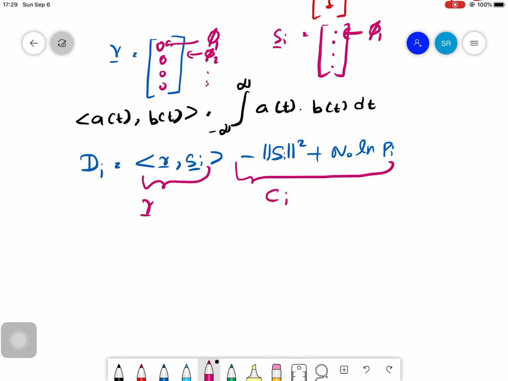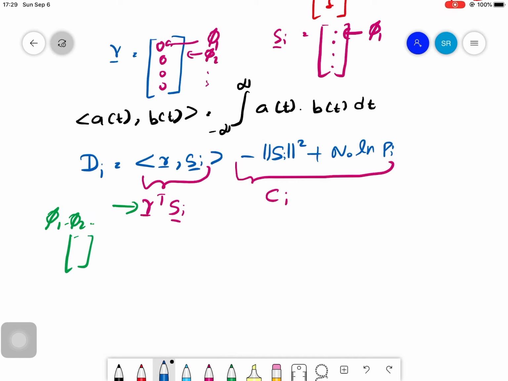So we can write this as the vector r transpose the s_i vector, because I have written this in terms of our basis vectors psi1, psi2 and so forth. This is the coordinate vector in our signal space diagram.